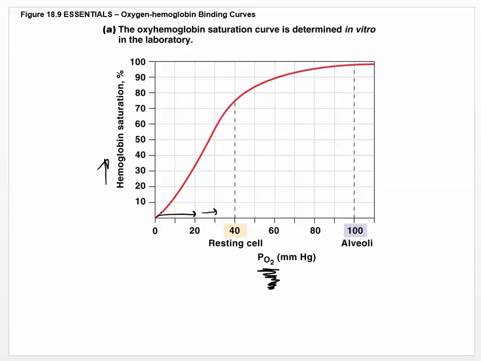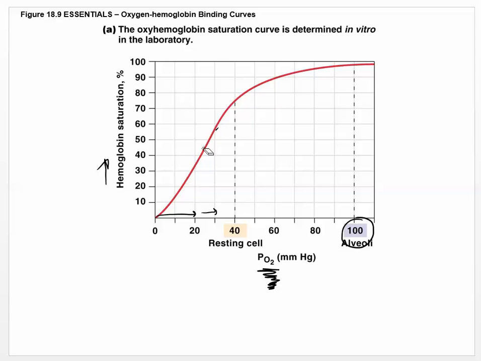That means that as we increase the oxygen, more and more of it is bound to hemoglobin until it is saturated and we can't get any more in. So this is where we have saturation over here, when we have the high partial pressure of about 100 millimeters of mercury of oxygen. That's when hemoglobin is saturated.